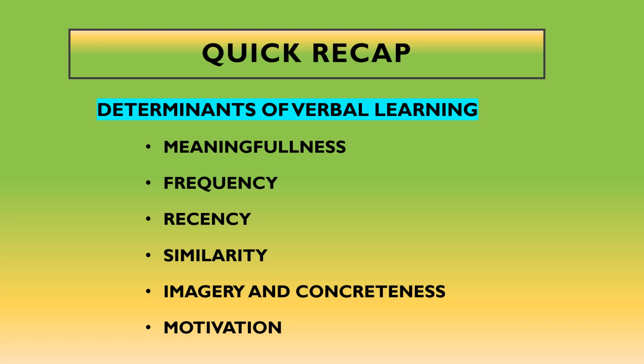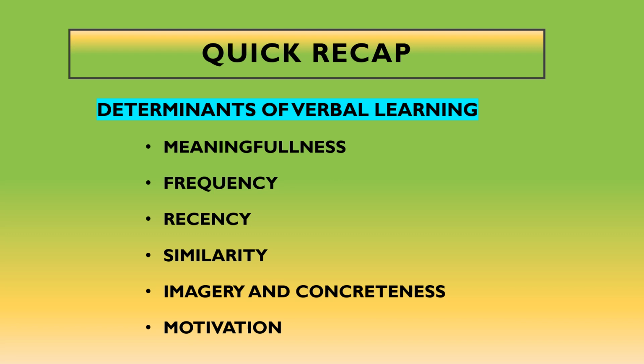Now let's have a quick recap on what we have learned. We have learned the determinants or the factors that affect the verbal learning. What are the factors? The meaningfulness of the word that have used. Then the frequency or number of times the word appears.